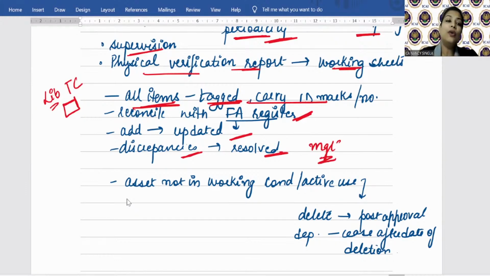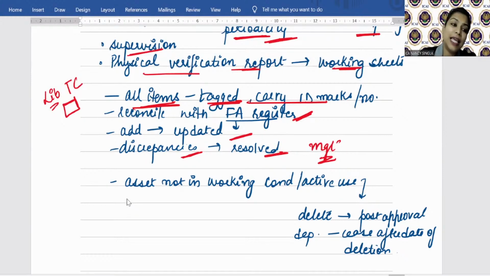Clear? Now see, if any of the asset is not working, it is not in active use. Auditor will discuss the same with the management, and he will ask the management, see, this PPE is not in active use. So there is a need to delete such PPE from the schedule of the PPE. Okay?